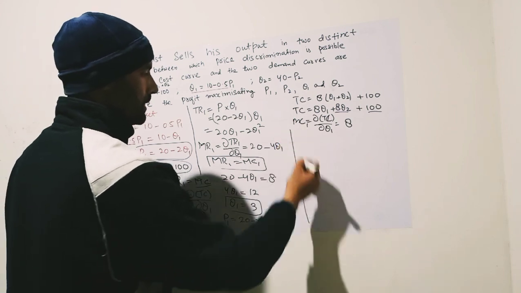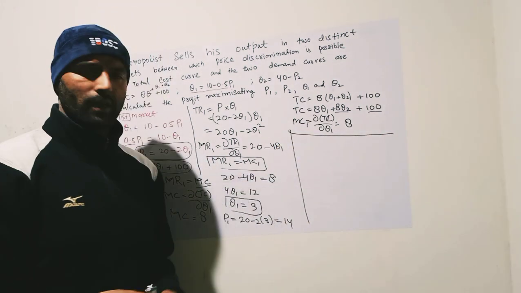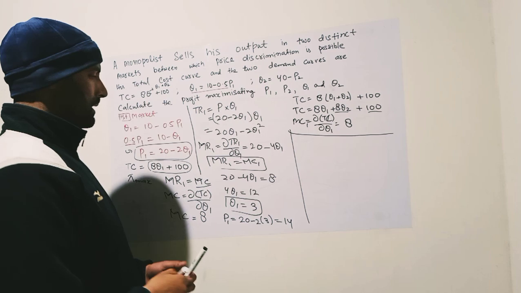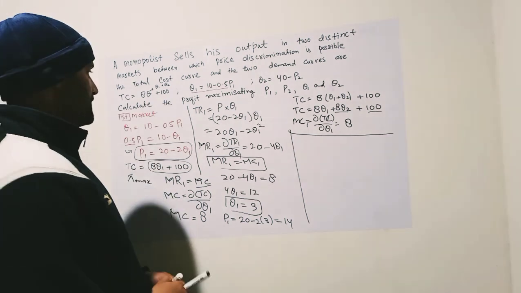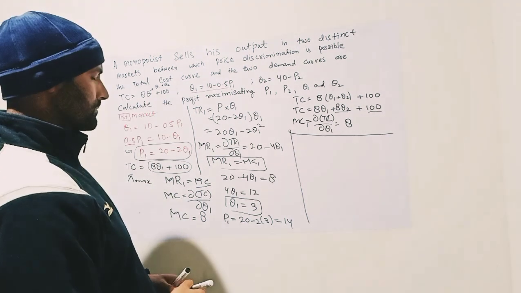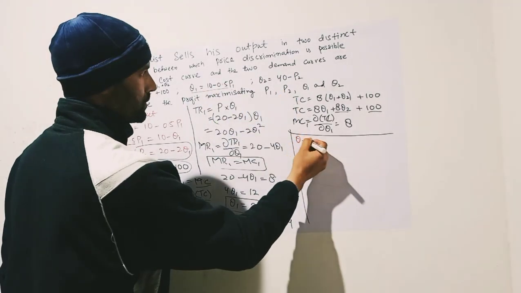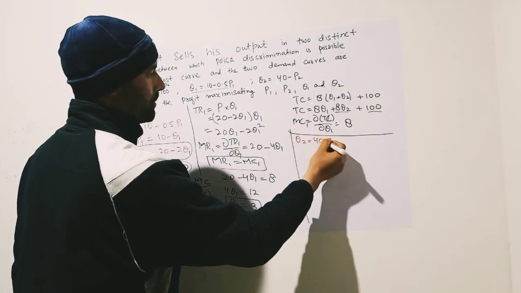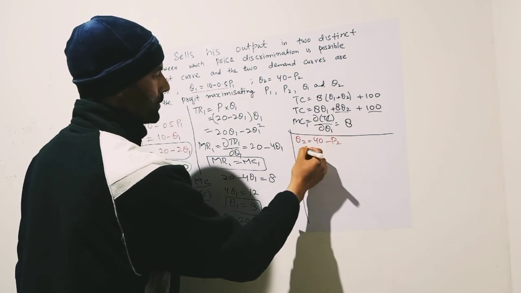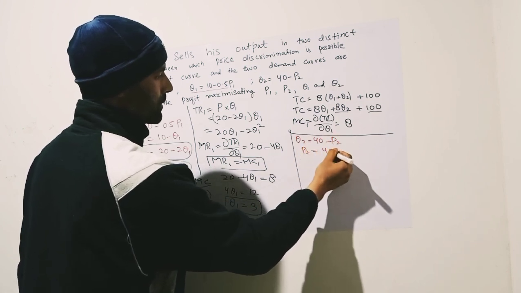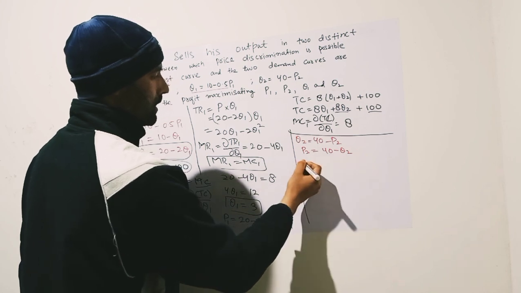Now for the second market you can go with the same strategy. The demand function in market 2 is q2 equal to 40 minus p2. Solving for p2 to get the inverse demand function, we get 40 minus q2.